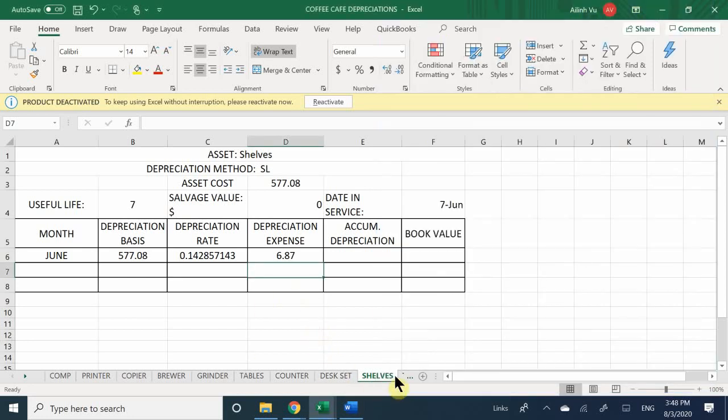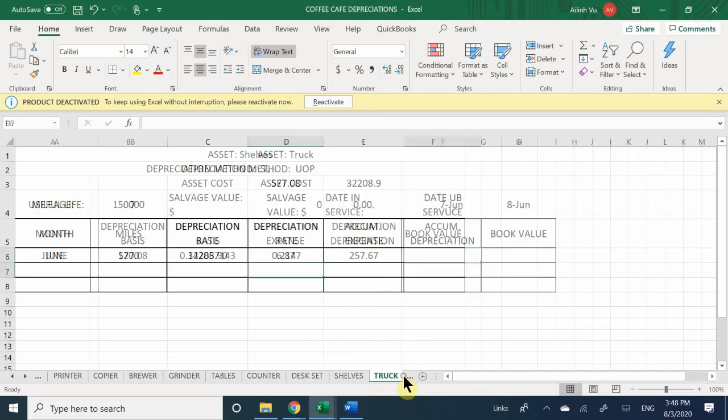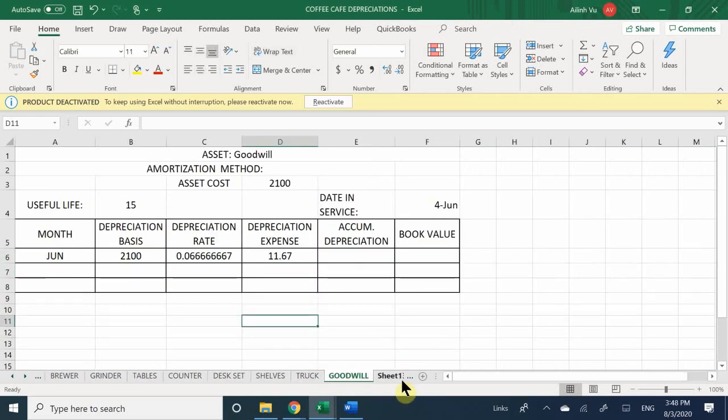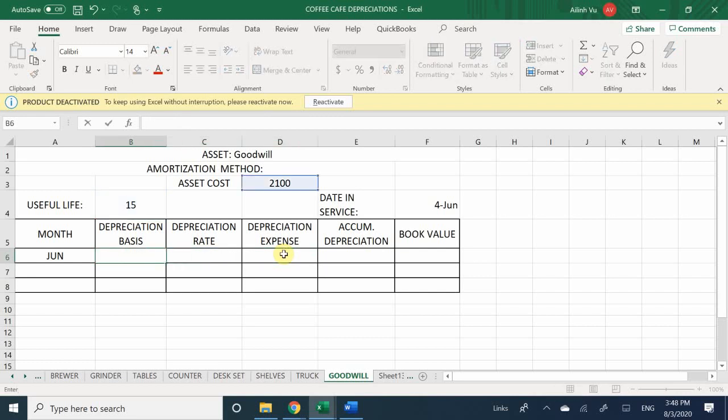So what are the rules for Goodwill? Let me erase that information for you guys.